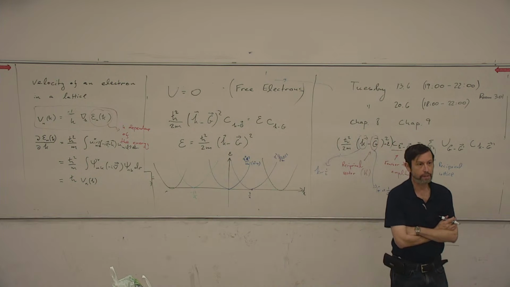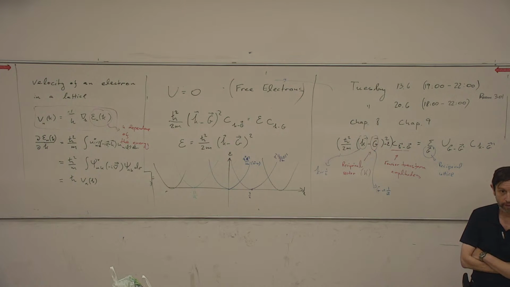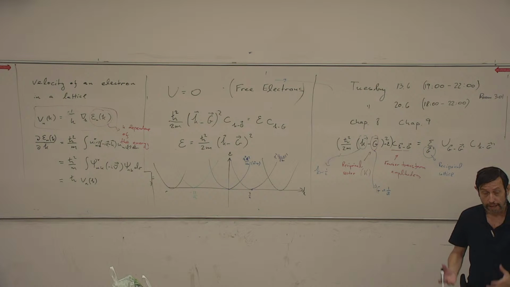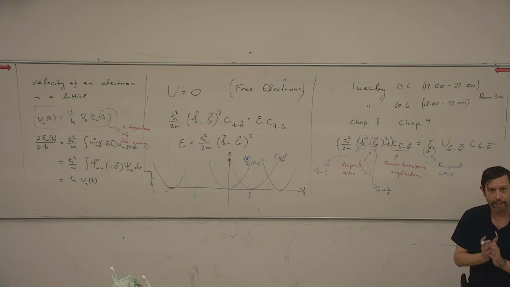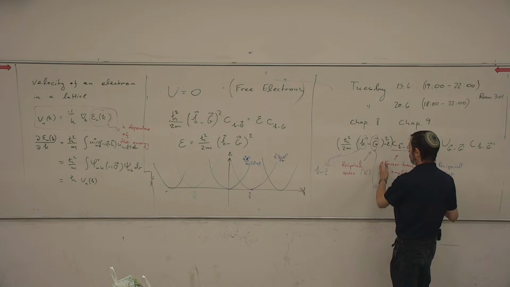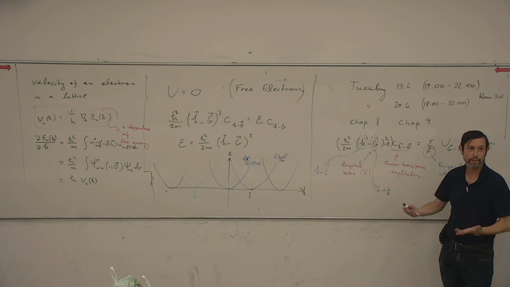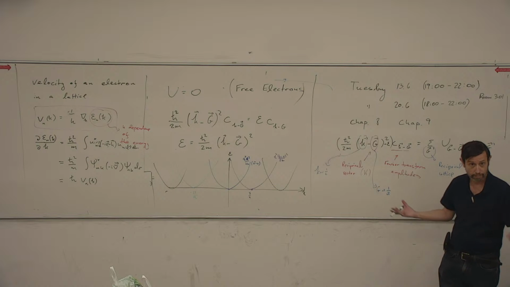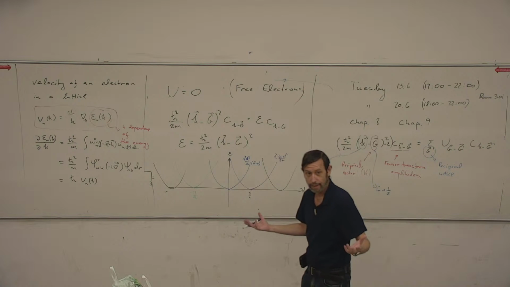From where comes this infinite number of parabolas? I solved it as a free electron problem. I had just one parabola. I solve it as a lattice problem and set u equals 0. I have an infinite number of parabolas. Right?